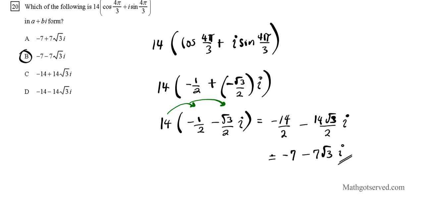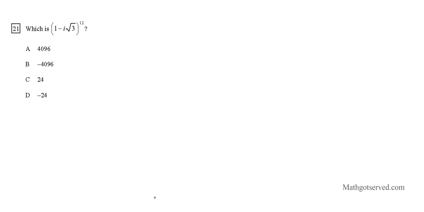Alright, let's move on to question number 21. We have to find 1 minus I root 3 raised to the 12. We can use the De Moivre theorem here, but let me just show you a trick using a calculator.